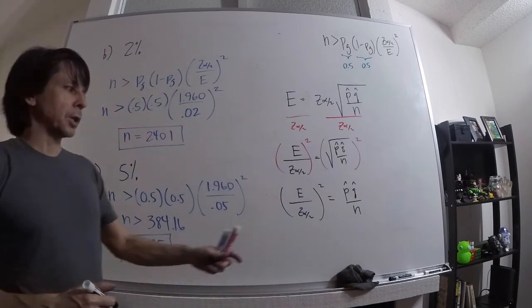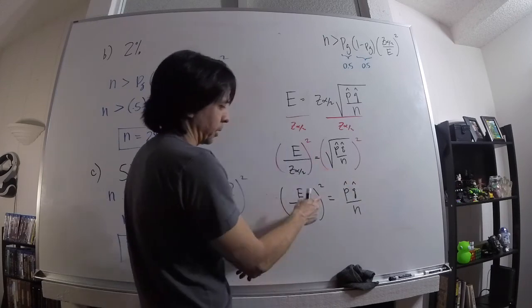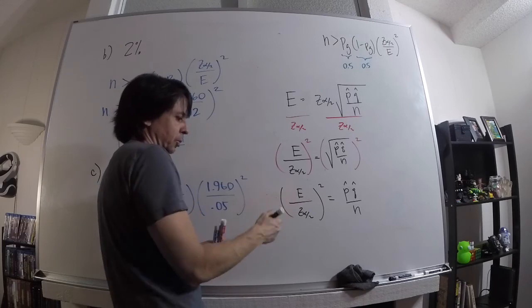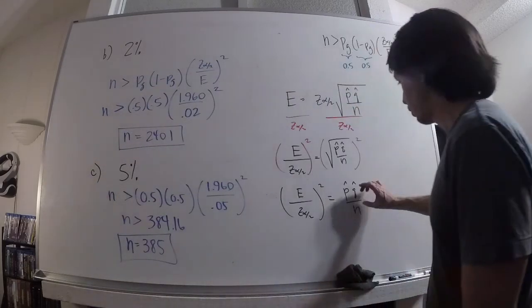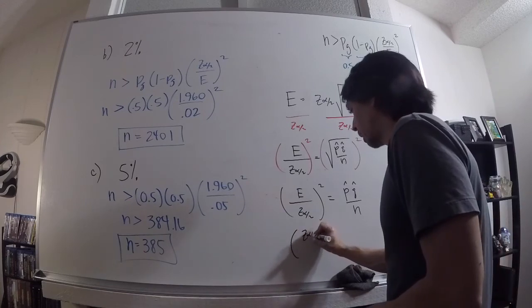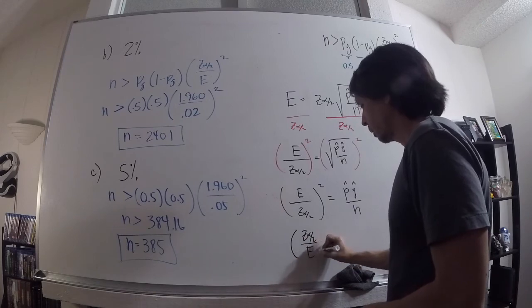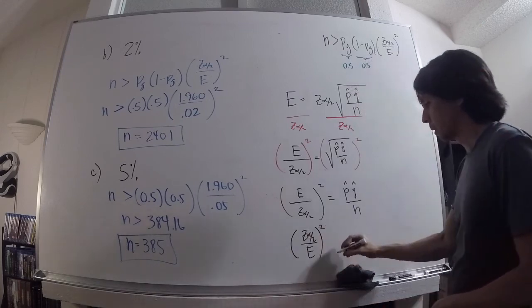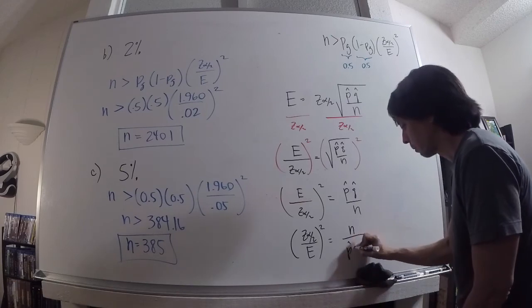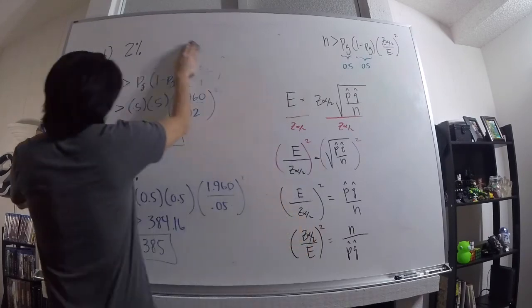Trying to get n by itself, so now it's on the bottom. I can do reciprocals. Reciprocal of both sides means, even though the square there just means E squared, z squared, they flip, I get z squared over E squared. So I can just do the reciprocal of this and then the reciprocal of the inside. So the z is now on top, which is where it will ultimately be when I finish this out. It is squared, that whole quantity squared. So reciprocals of both sides here.